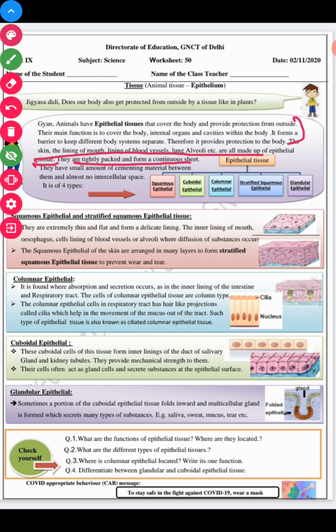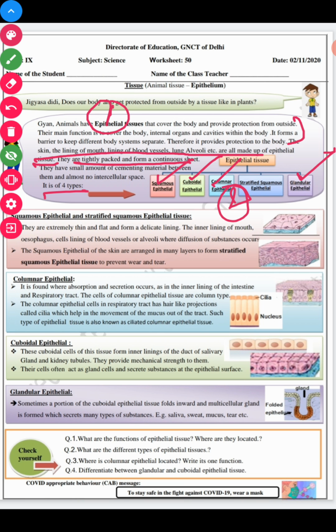What are the different types of epithelium tissue? We have four types of epithelium tissue: squamous epithelium, cuboidal, columnar, and glandular.